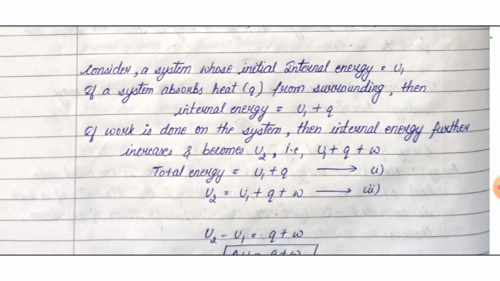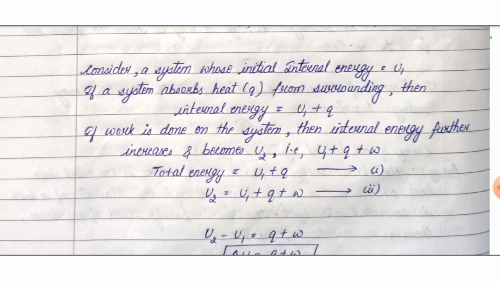Consider a system whose initial internal energy is U1. If the system absorbs heat Q from the surroundings, then the internal energy is U1 plus Q. If work is done on the system, then the internal energy further increases and becomes U2, that is, U1 plus Q plus W. Total energy is equal to U1 plus Q, equation 1.